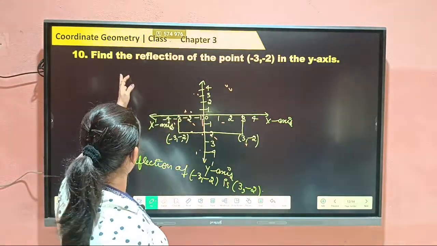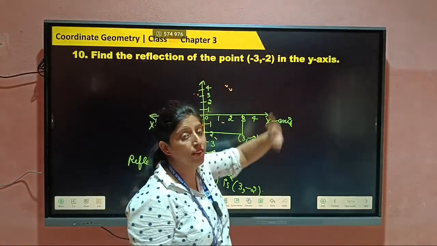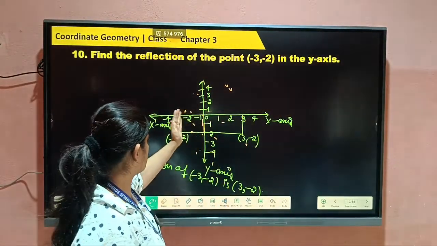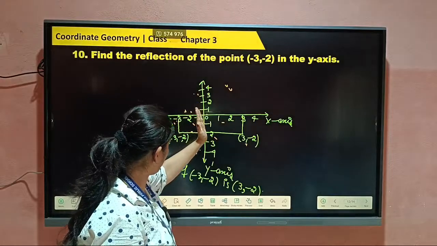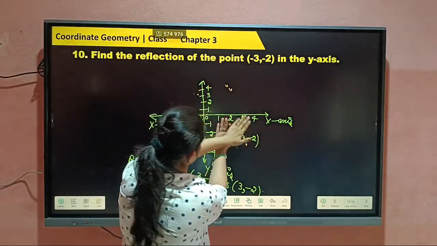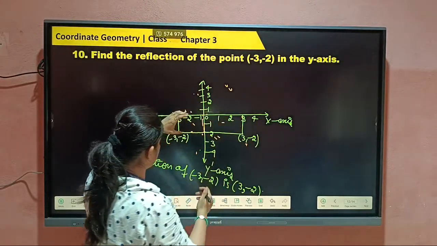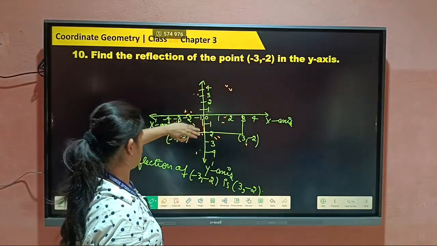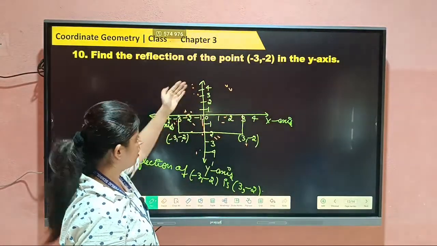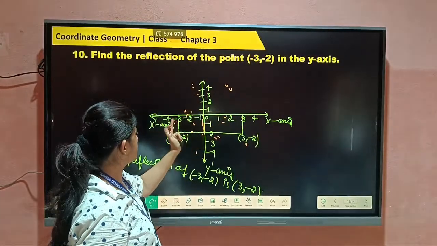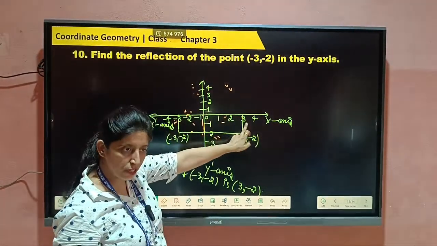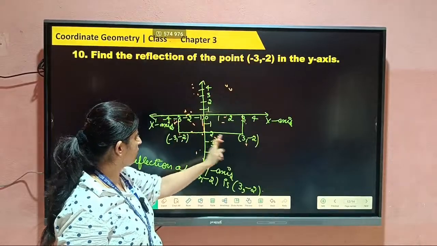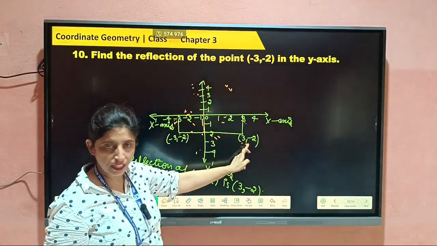Because it is given find the reflection of the point in the y-axis. In the y-axis means this point will move like this, in this way. If it is given in the x-axis, it will move like this. Now it will go like this, means negative side will go to the positive side 3, and y is negative always, so it remains as it is, -2.